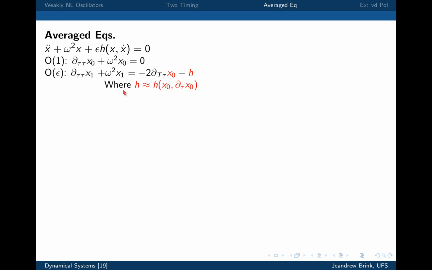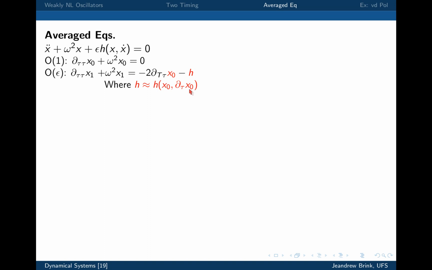Okay, h over here, as I said, is h of x and x dot. And because there's an epsilon in front of it, you only have to keep the lowest order terms. So it's basically a function h of x0 and d tau of x0.